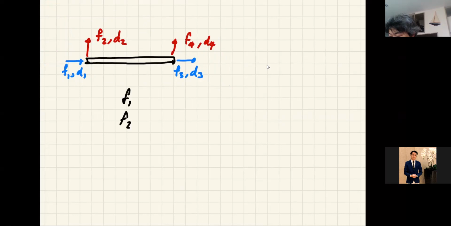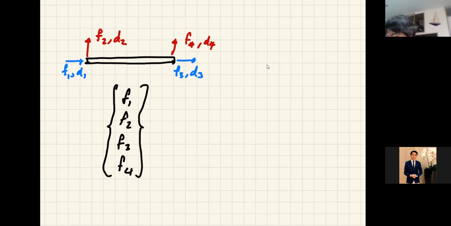F1, F2, F3, and F4. This is the force matrix. It's going to be equal to AE over L, and this is part of this stiffness matrix.